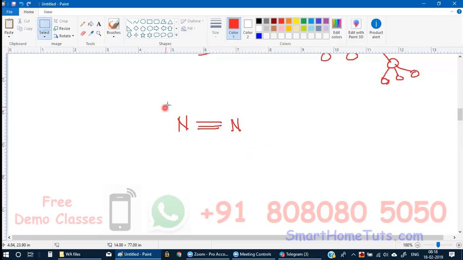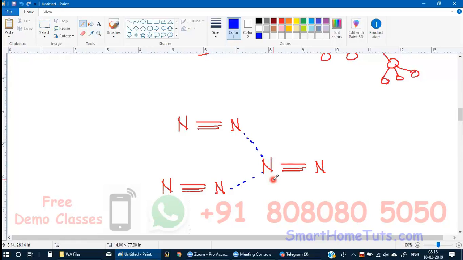If this is one nitrogen molecule and there is another nitrogen molecule, then the forces of attraction between these molecules are less. So intermolecular forces of attraction are less. That's why the melting point and boiling point are very low.